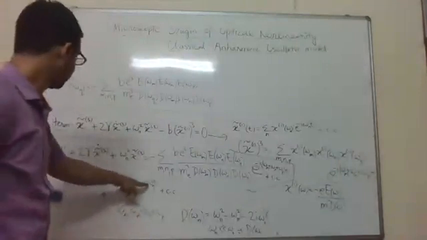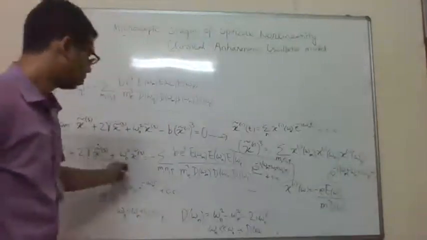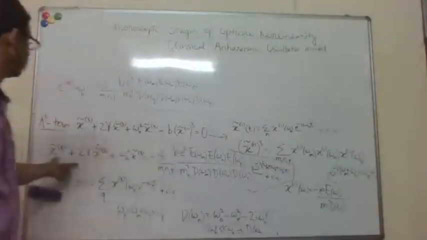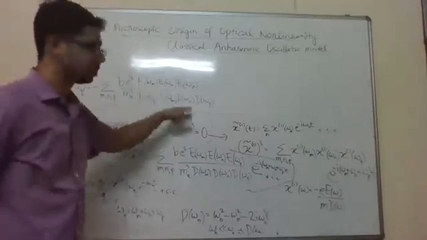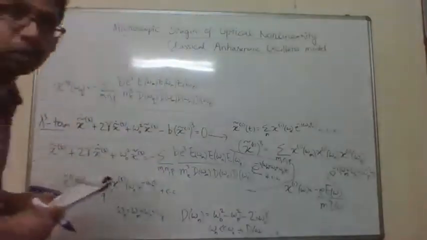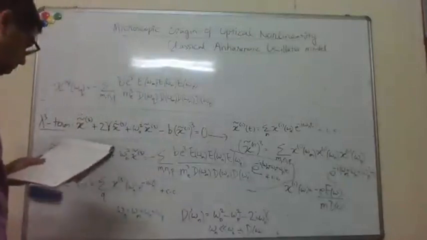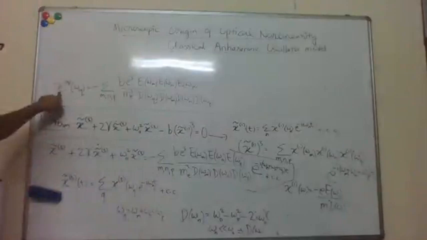So when I plug this in here, you get again omega naught squared minus omega q squared plus 2i omega q gamma. So you get D of omega q, and the others were already present. So that's my solution to the third order solution to my displacement.